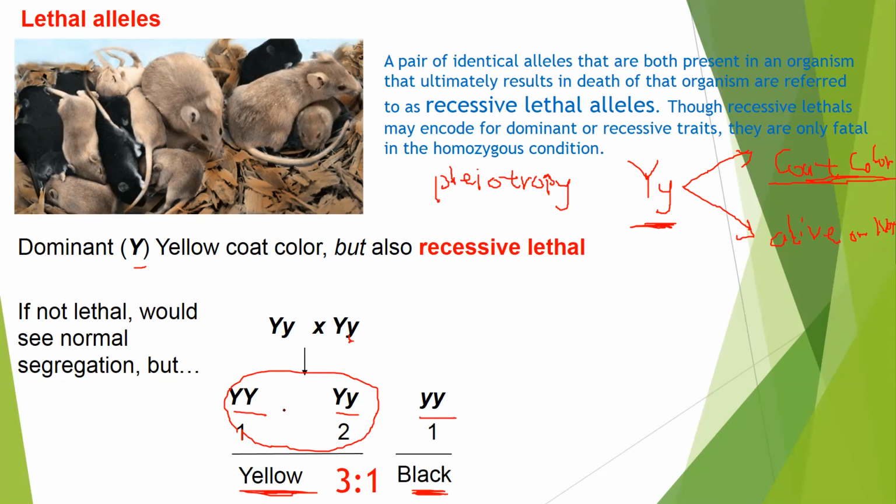How do we determine the relationship between big Y and small y here? In terms of this phenotype, we can say capital Y is dominant to the little y, because the heterozygous is showing the same phenotype as this homozygous. Is that correct? So we can say this big Y is dominant to the little y.